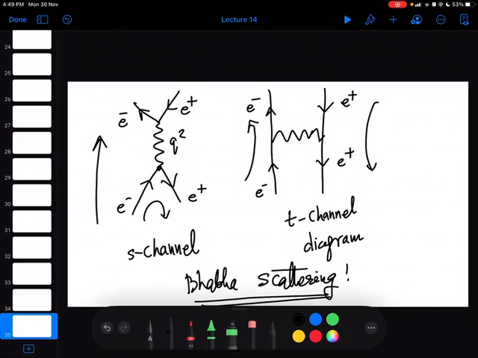Do they add up, or do they get a minus sign in between them? Just think about this. The answer is that there is a relative minus sign between them.